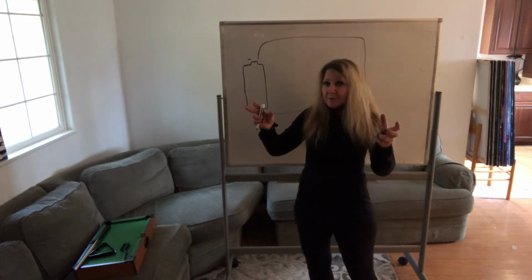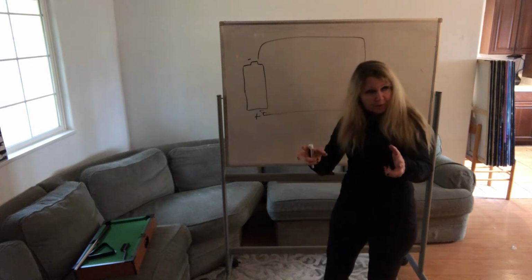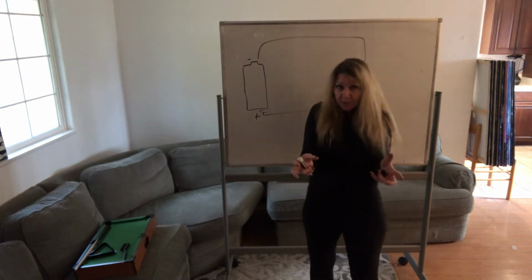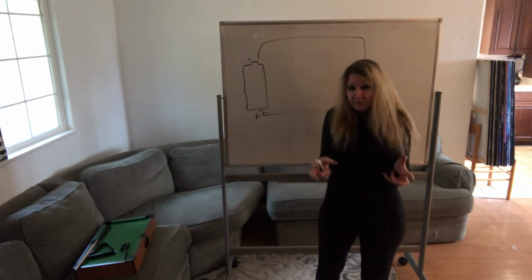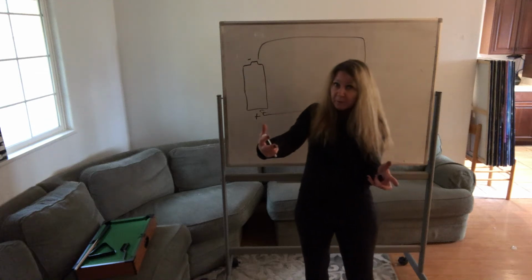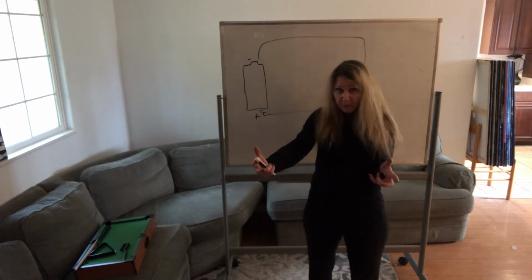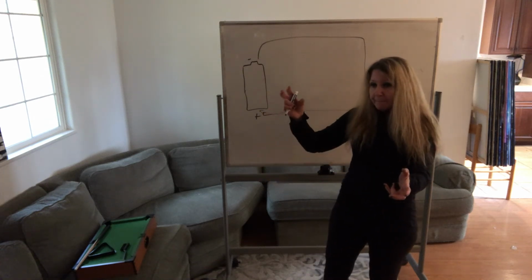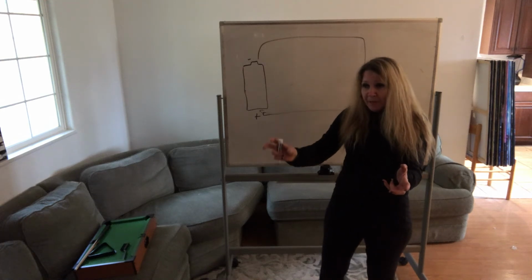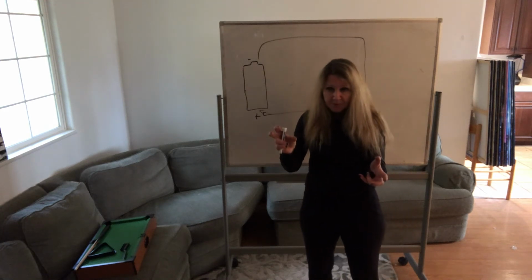So batteries that are not in a circuit are just stored energy. But to convert that stored energy to the form of electrical energy, which is a form of kinetic energy, we put the battery into a circuit.